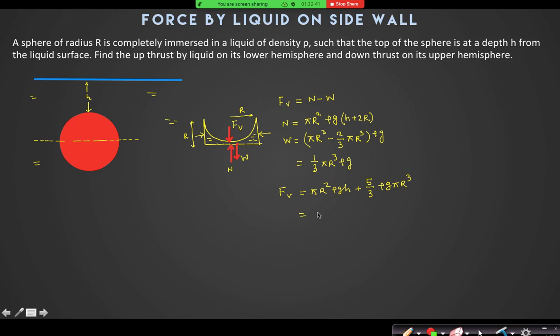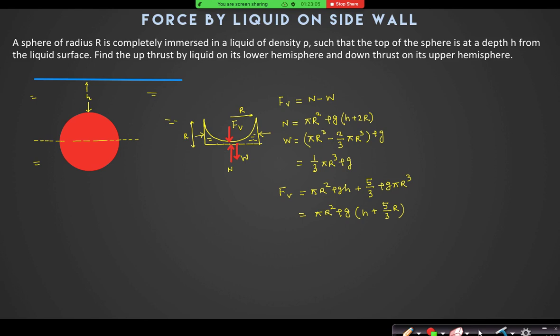I think your answer should be pi r square rho g into h plus 5r by 3. Have you got this as your answer? Check if the calculations are okay or not.